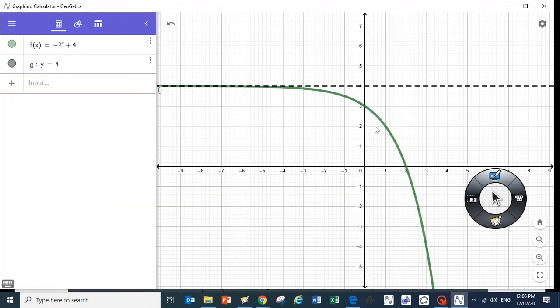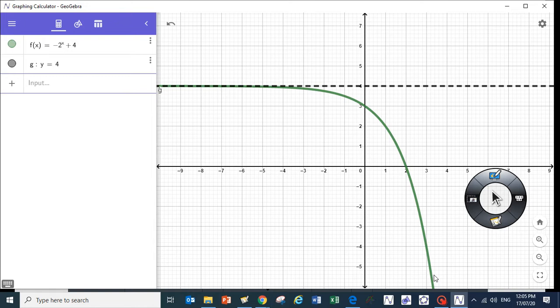Now, this is our graph. If we are to reflect this graph about the x-axis, it means that from your previous knowledge, if a value of x was positive, it's going to remain positive. If a value of y was negative, it's going to change from being negative to positive.